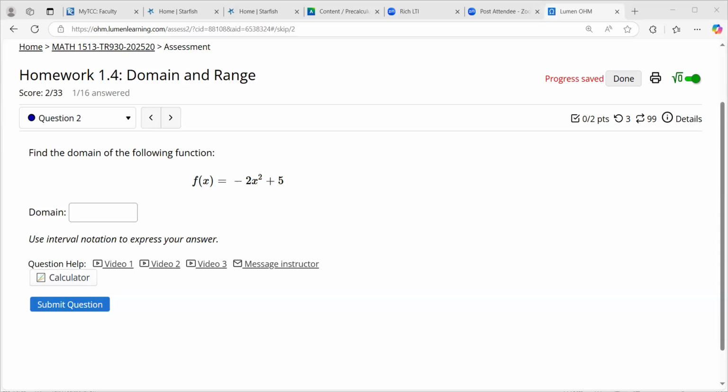Do you see I'm typing here in Zoom? Do you see my typing? No? The domain of any polynomial function is all real, meaning from negative infinity to positive infinity.